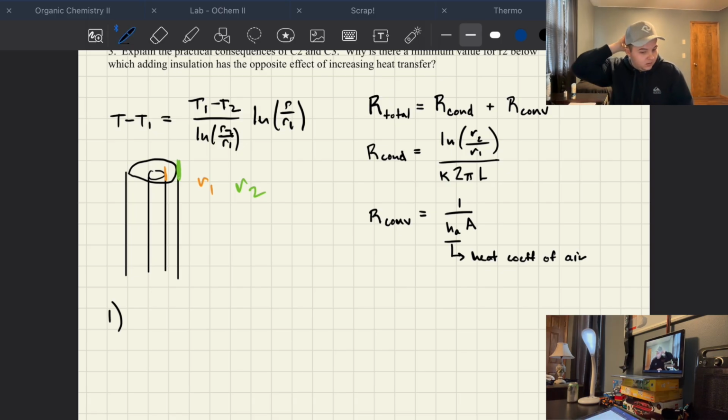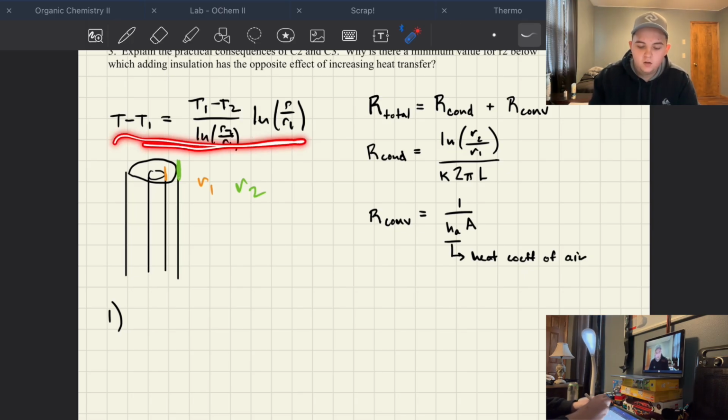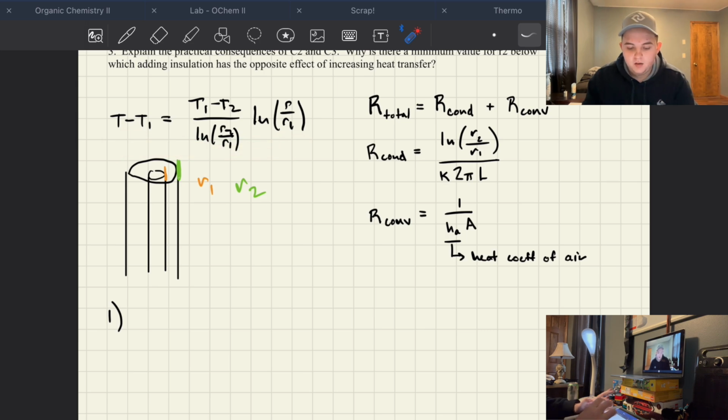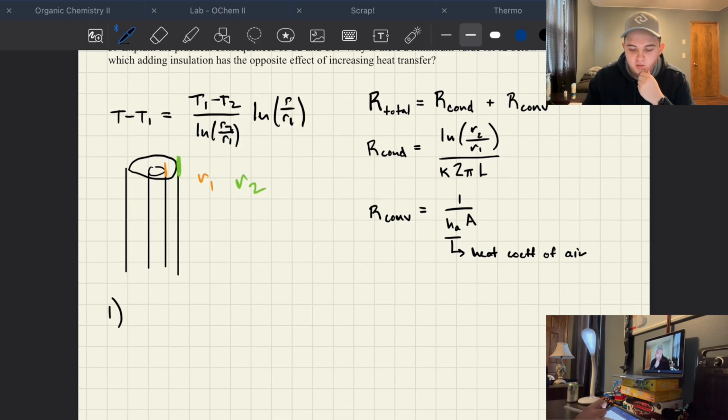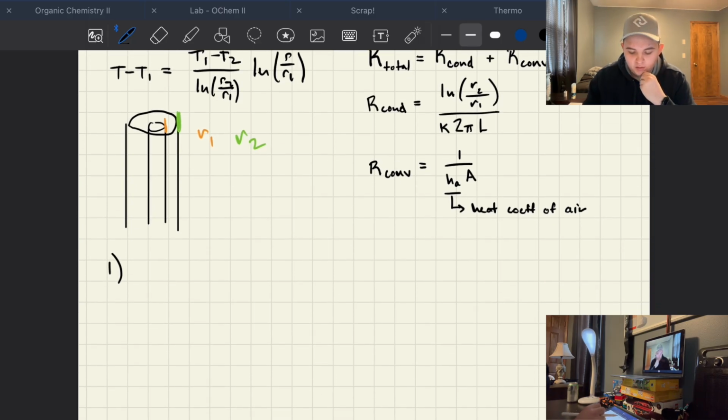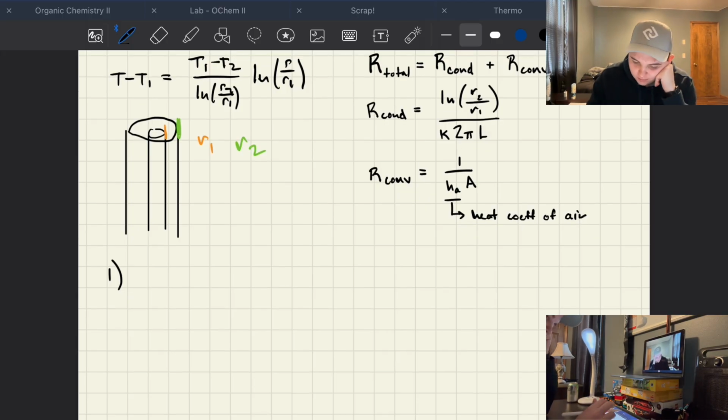So we're going to use this equation from what we just did in part B, and we'll get right into it, starting with simplifying.